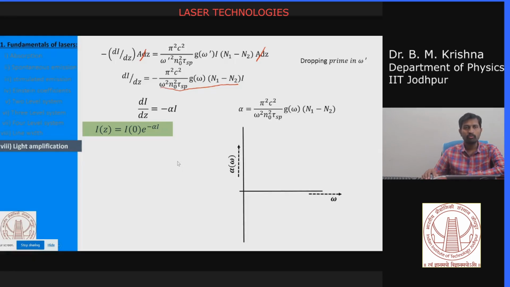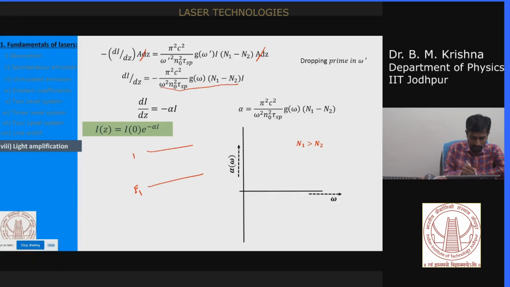So now if we draw a plot between alpha versus omega, for example, your n1 is greater than n2, that means the number of atoms or electrons in the state E1 is much greater than in E2. You have the states E1 and E2, and the number of atoms or electrons on the state E1, N1, is large, and very few are in N2.